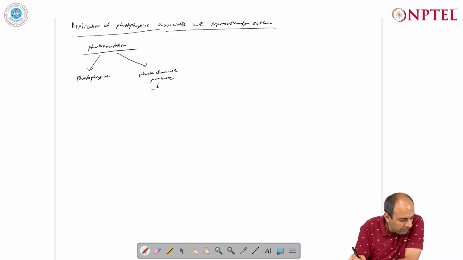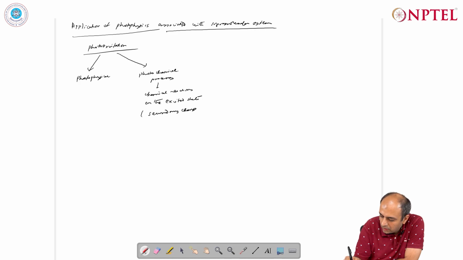These photochemical processes can lead to chemical reactions in the excited state, for example, secondary charge separation, isomerization reaction and dissociation.